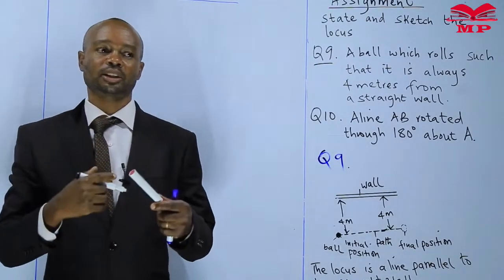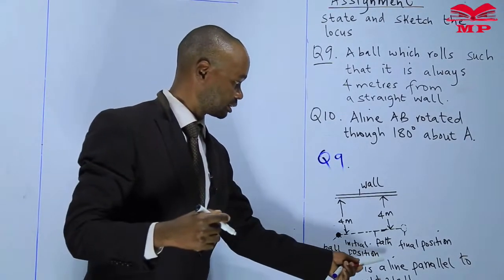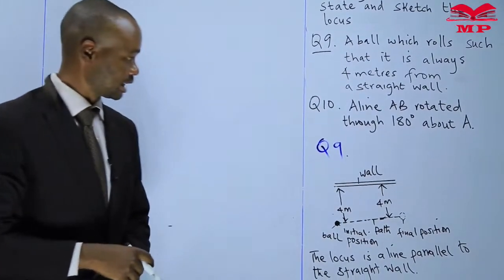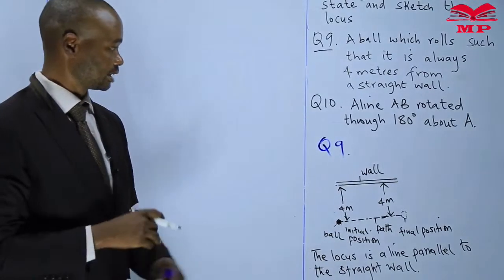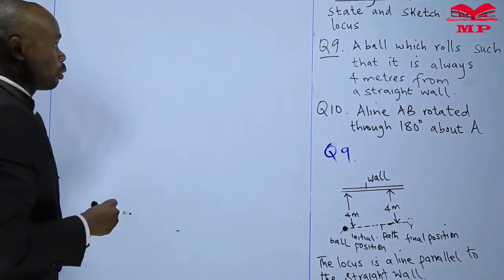So the path is equidistant. That's why the line will be a straight line, parallel to that straight wall.